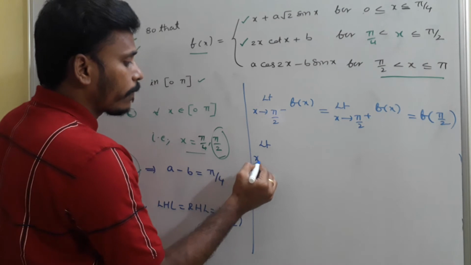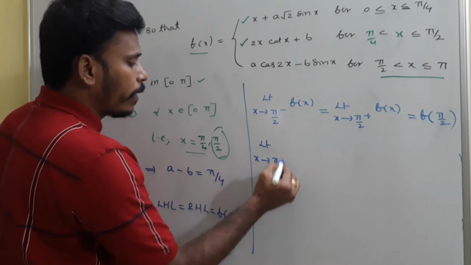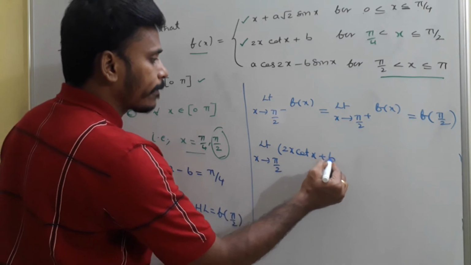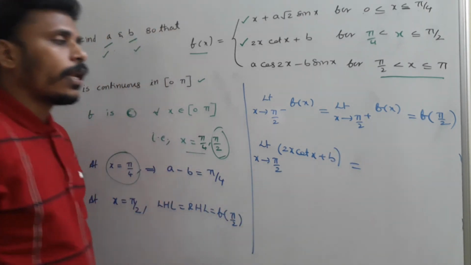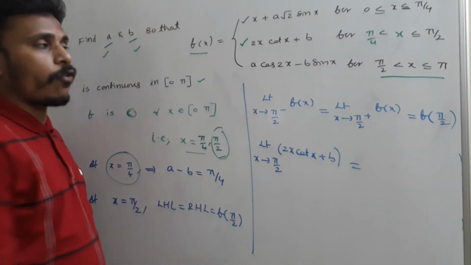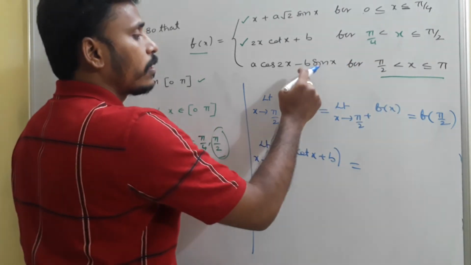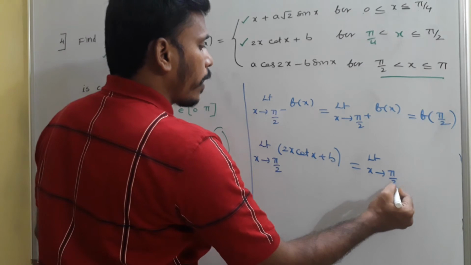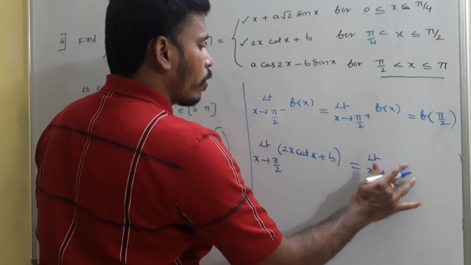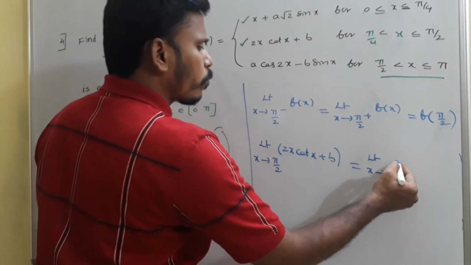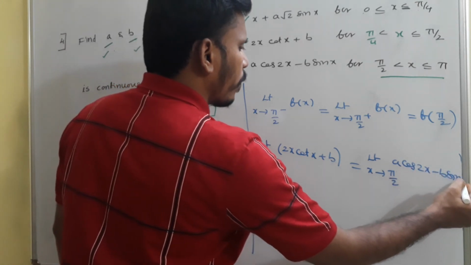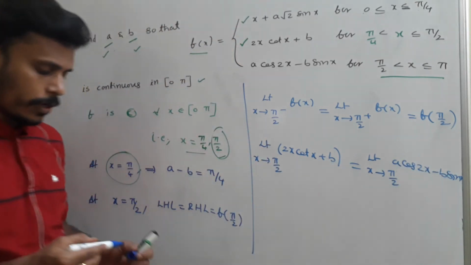Now this is limit x tends to pi by 2 of 2x cot x plus b, equal to limit x tends to pi by 2 plus f of x. Pi by 2 plus in the sense this definition you need to use: limit x tends to pi by 2 of a cos 2x minus b sin x.